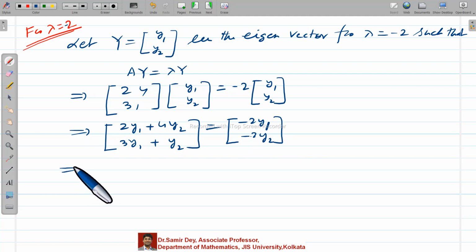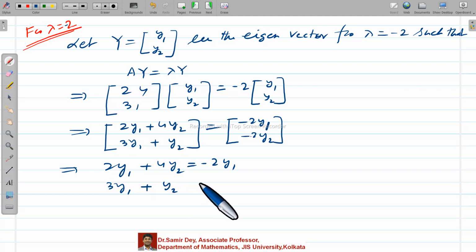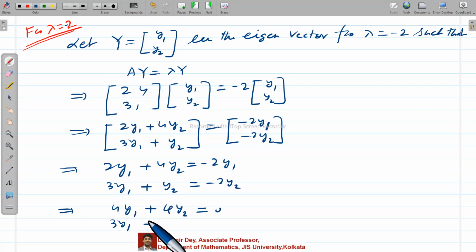So from here you may write 2y1 plus 4y2 is equal to minus 2y1, and 3y1 plus y2 is equal to minus 2y2. If we simplify further, it is coming 4y1 plus 4y2 is equal to 0. From the second, 3y1 plus y2, minus 2y2 comes to the left, that is 3y1 plus 3y2 is equal to 0.